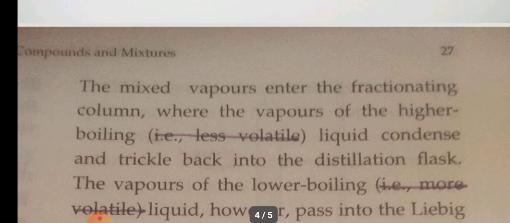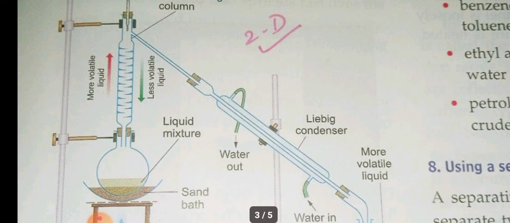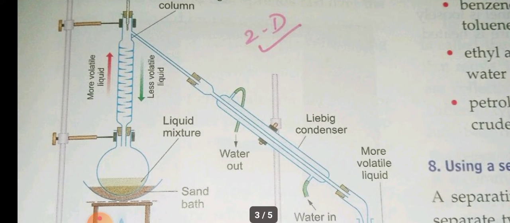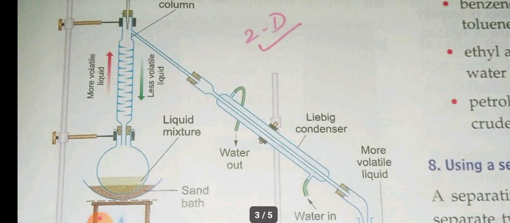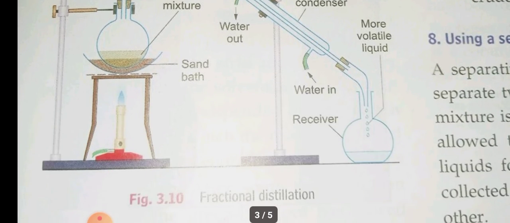Here all the vapors of all the liquids will enter the fractionating column, where the more volatile liquid will escape as vapors, while the less volatile liquids, which boil at a high temperature, will enter into the flask again, and the liquid which boils at a low temperature will be converted into vapor and enter into the Liebig condenser.